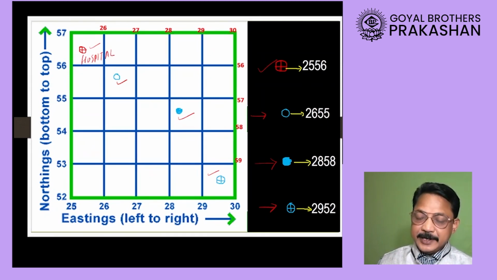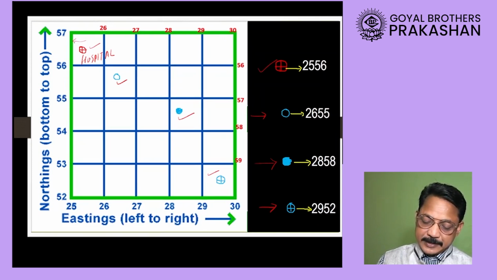And in which grid square is it present? So we have to first see on the left side. Now what number is here on the left side? Okay, we have to look at this listing number. So 26 is here, so no number here. That means it is 25. So this hospital is in 25.